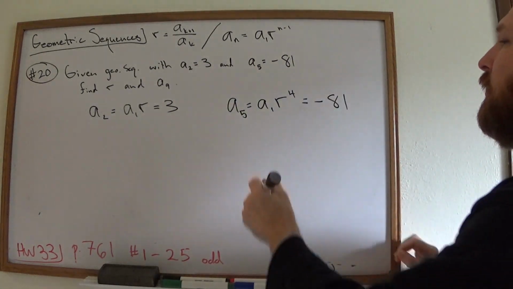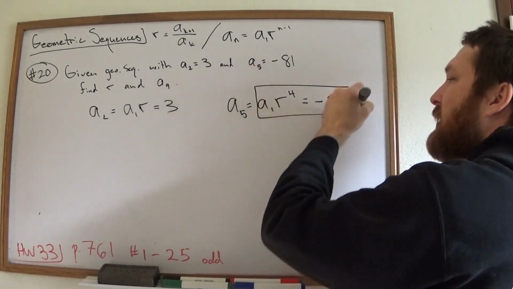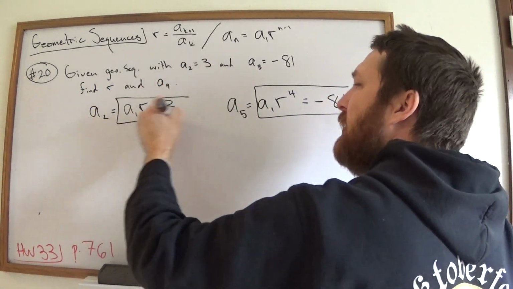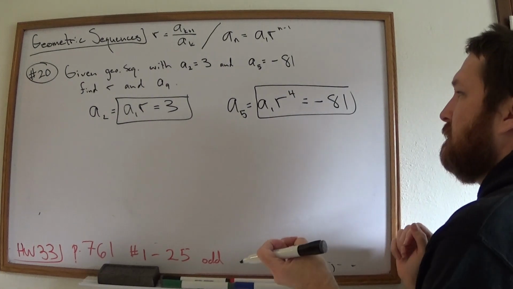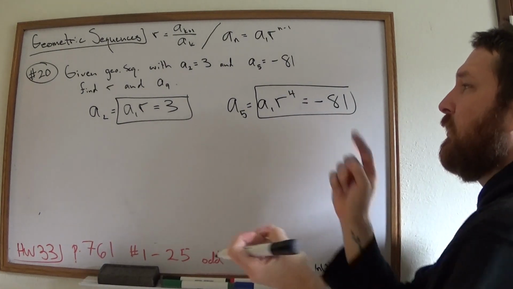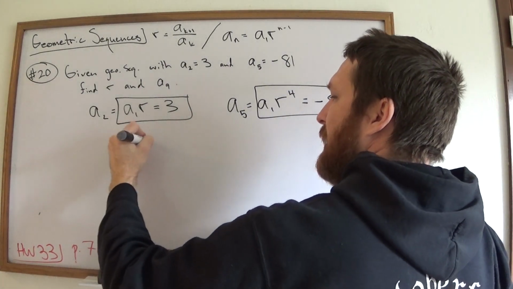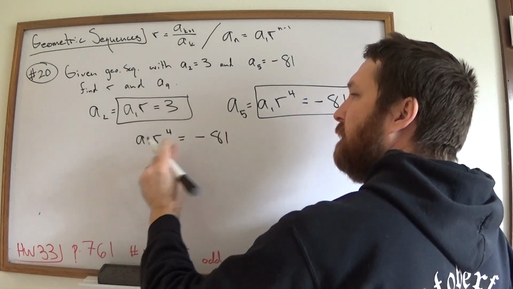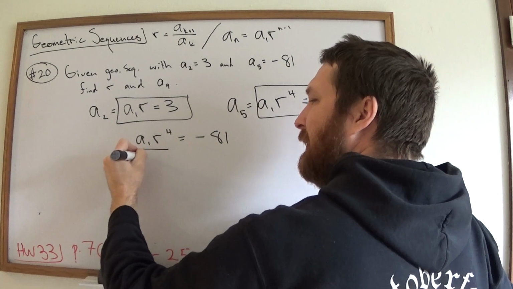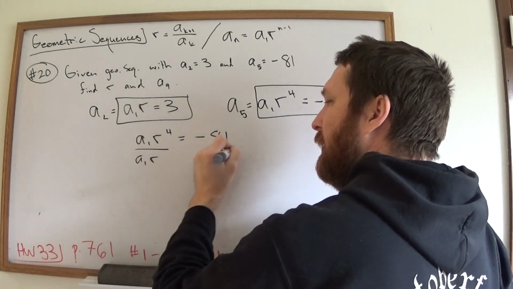And now we're going to use these two equations in the same way we would have with exponential functions. I like to take the bigger one and put it on top. I'm going to say a1 r to the 4th is equal to negative 81. Now I'm going to divide by a1 r.